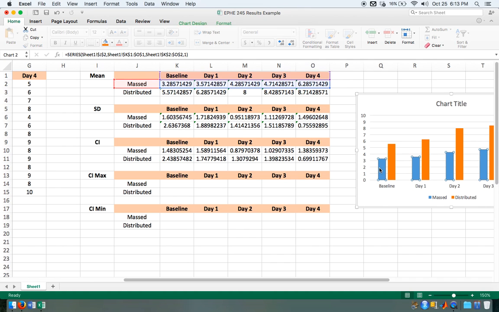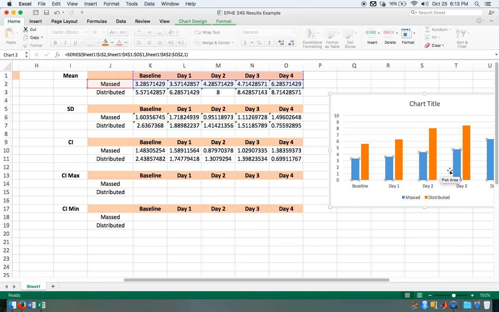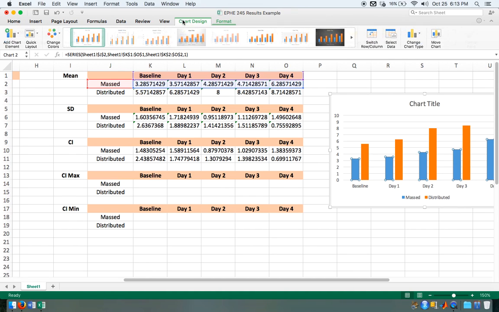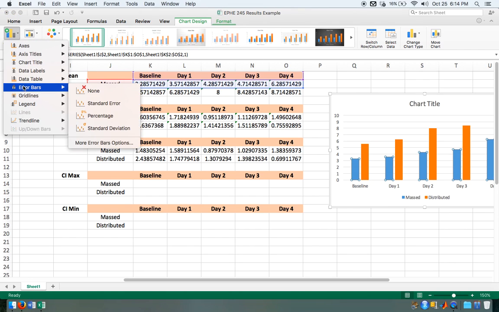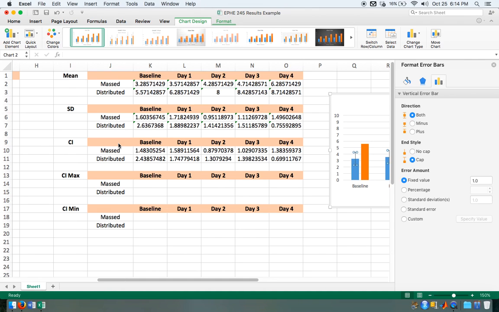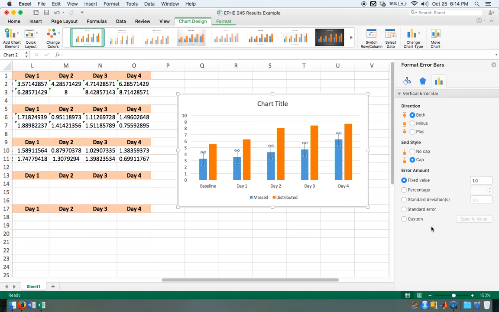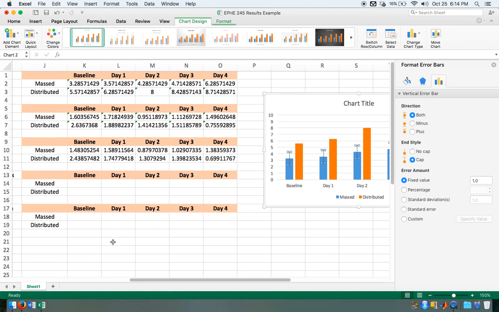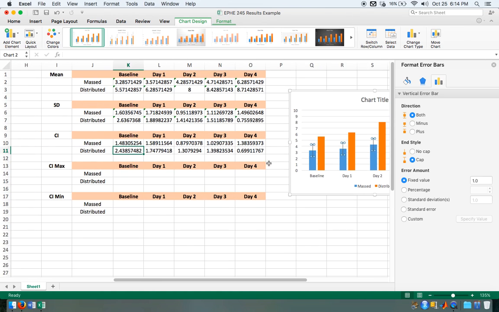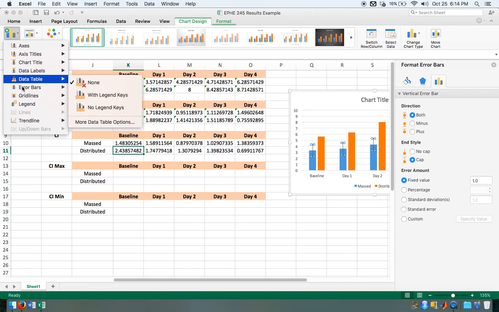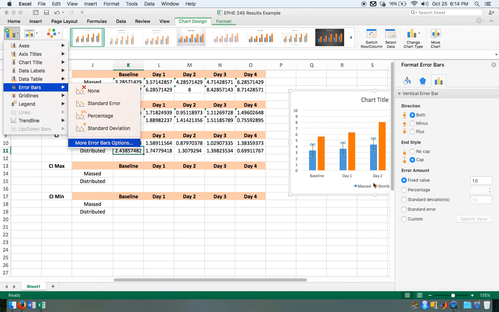So what I'm going to do is I'm going to double-click the blue. Okay. Now, if I go up to format or chart design, I have this add chart element. So I'm going to click that, go to error bars, and more error bars options. Okay, so what I'm going to end up using is this confidence interval thing that we calculated here. So again, error bars, more error bar options brings up this.